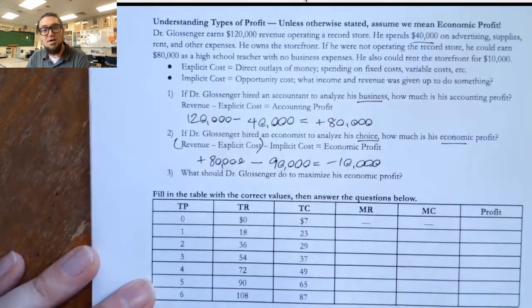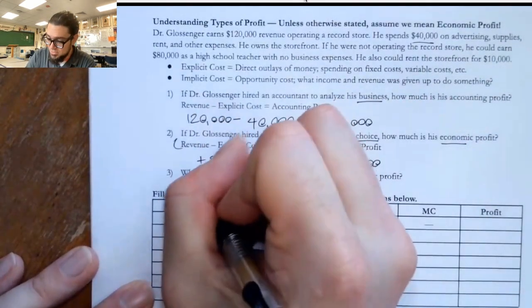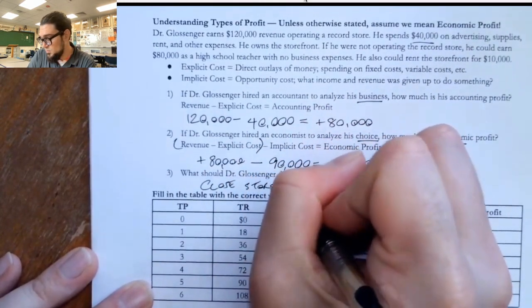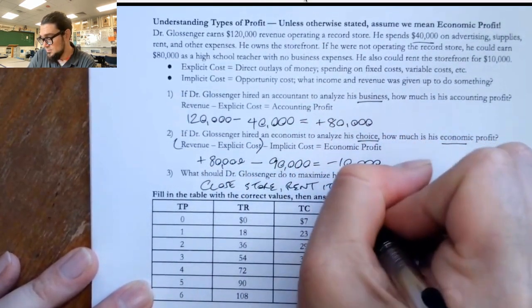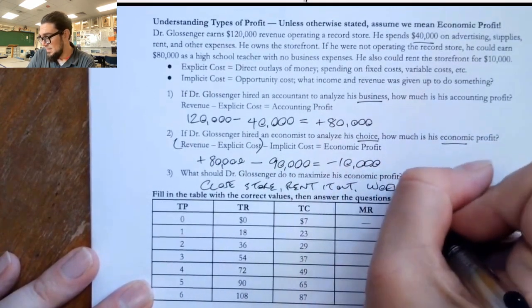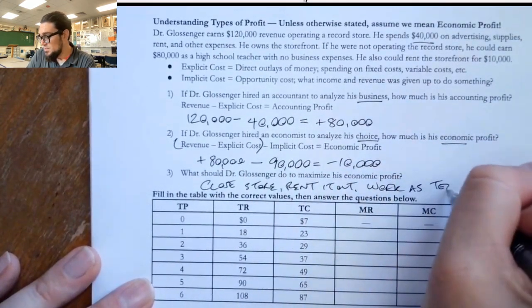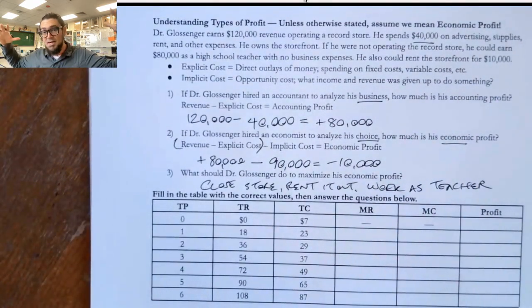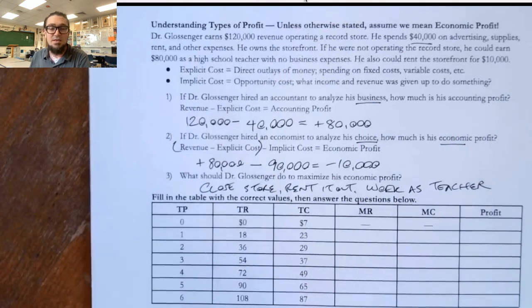And because economic profit in this problem is negative, I should close the store, rent it out, work as a teacher. Because if I do that, I will earn more profit from the total amount than I would if I had run the store. So it's a way of analyzing, is this the right choice to make? If the economic profit is a positive number, then we know we're making the right choice. We're doing the thing that actually gives us the most bang for our buck.